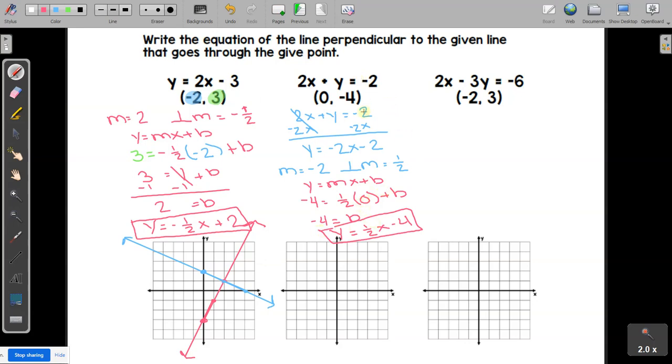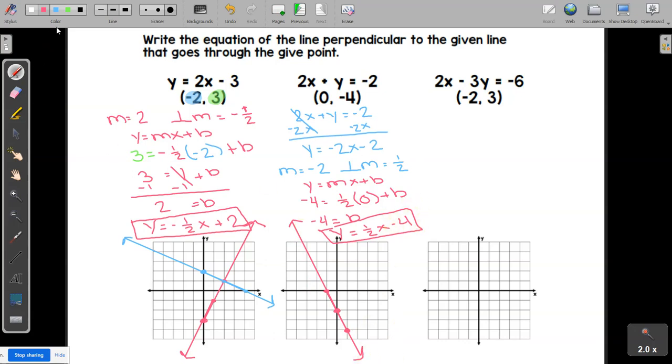So let's graph our first line. So our first line in slope intercept form is what we first solved. So we're going to start at negative 2 on the y-axis, and we're going to go down to the right 1, or go up to the left 1. Let's draw our line. And then we are going to graph the second line.